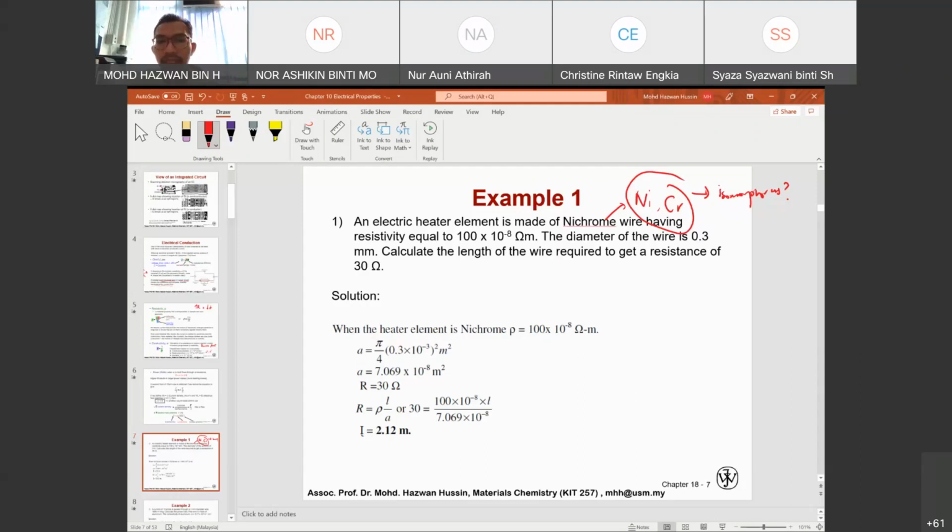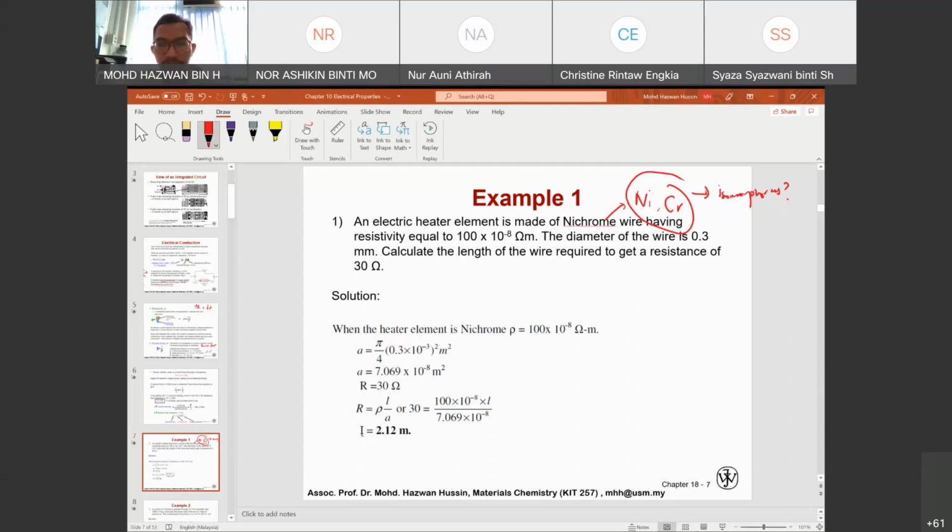Having resistivity equal to 100 times 10 power of minus 8 ohm meter. The diameter of the wire is 0.3 millimeters. Calculate the length of the wire required to get a resistance of 30 ohms.